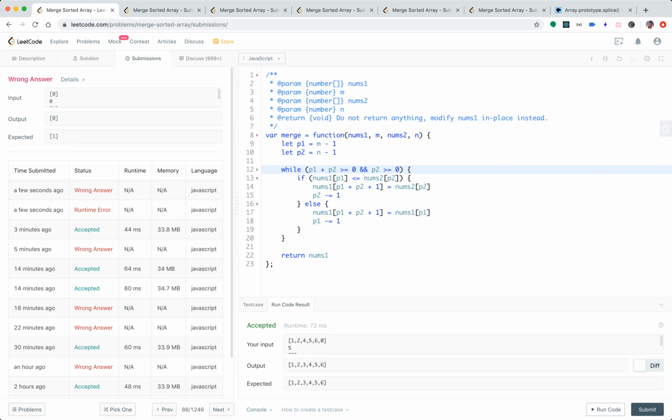If we got 0 and 1, p1 is 0, p2 is 0, that is 0, 0, okay. So nums1 is 0. Oh, nums1 is 0. So it's minus 1. Minus 1 plus 1 is minus 1. So minus 0.